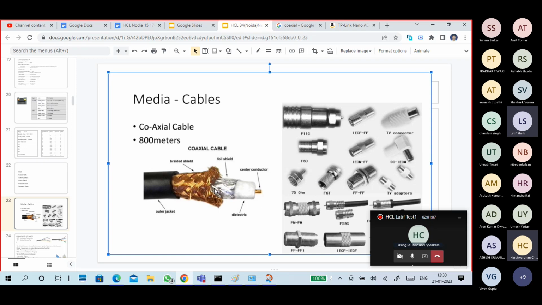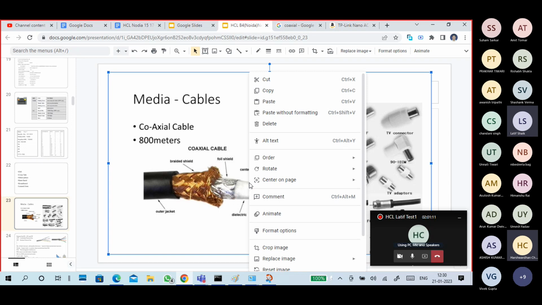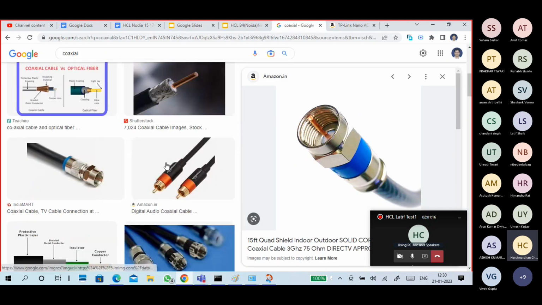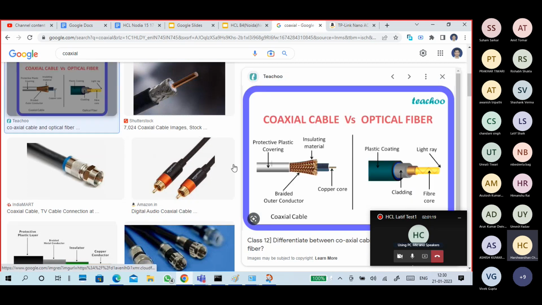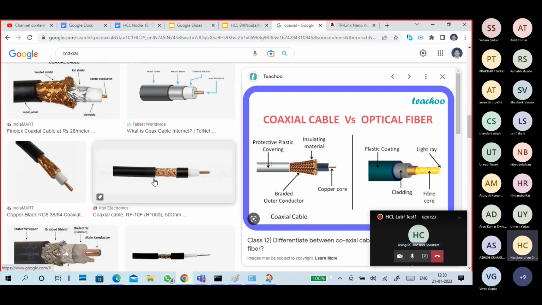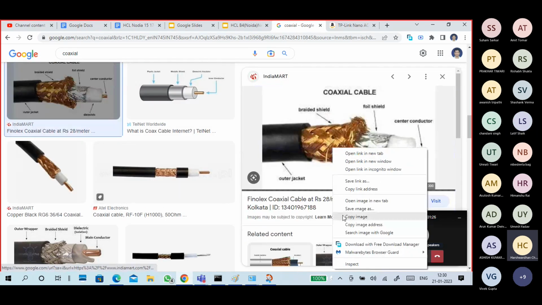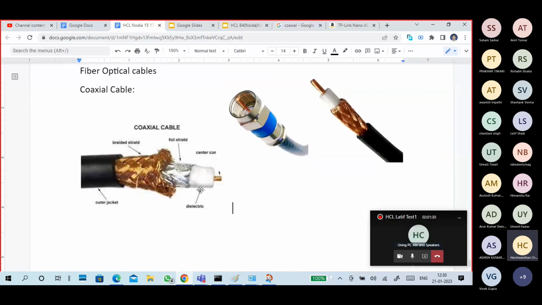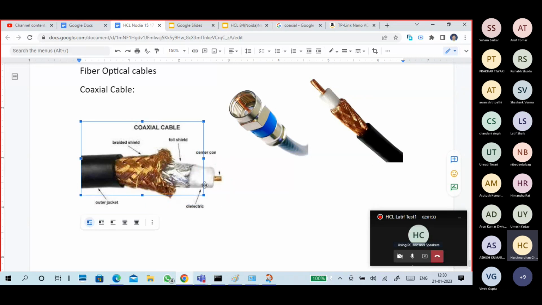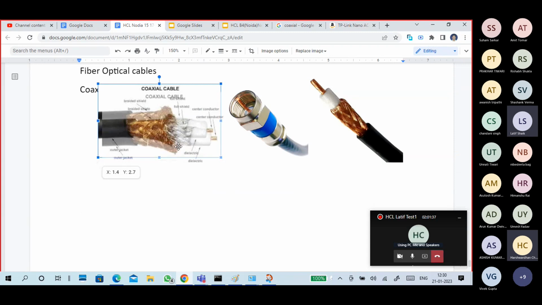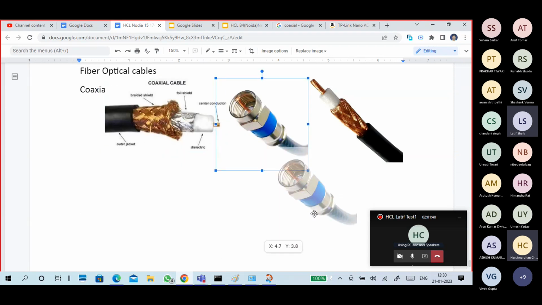This is a center connector, the center copper conductor.